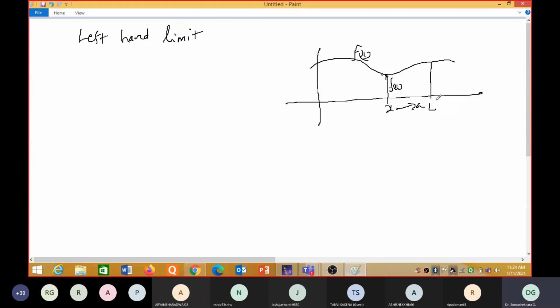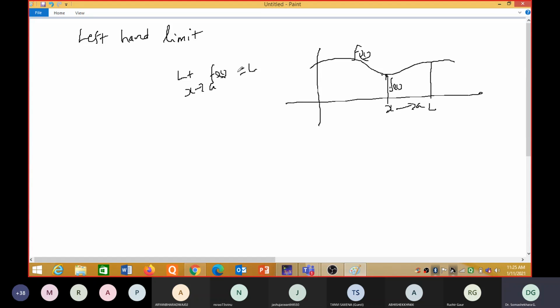When x tends to a, this is the point a. What is the left hand limit? When x approaches this point from the left hand side, that is called a left hand limit. Understanding now? So the limit as x tends to a of f of x is equal to L. If it exists, then this is called a left hand limit.